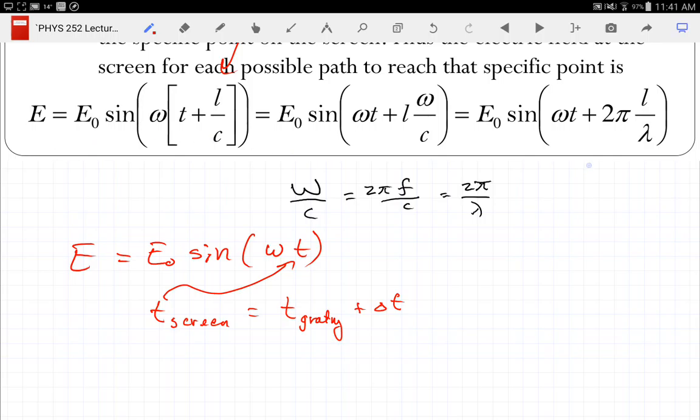Putting all of that together, we have two terms here, multiply through, so you just see the omega was distributed, and then make the substitution that since omega is 2 pi times frequency, omega divided by c is 2 pi times frequency over c. But by definition, frequency divided by speed of light is 1 over wavelength. And so we can replace omega over c with 2 pi over the wavelength.